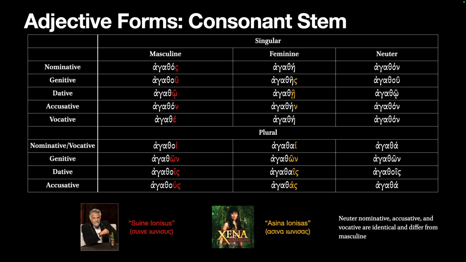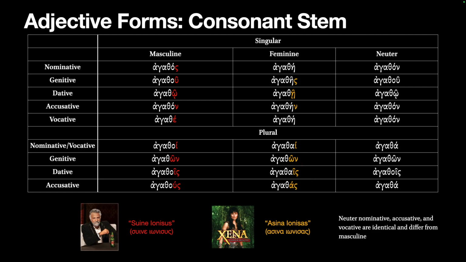So this is what this three-termination adjective with a consonant stem looks like. And notice how our friends, our mnemonics, Swain Ionesus and Asina Ionesos, are once again a bit helpful for us. So you can see this in the Swain Ionesus, and then no alpha here because this is using an eta rather than an alpha, but seen, and then no alpha again, ionesos.